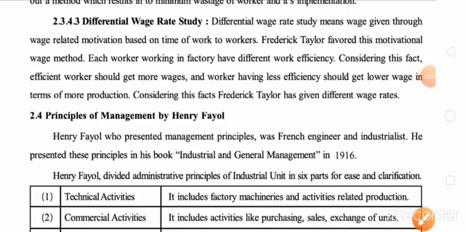Considering this fact, efficient workers should get more wages and workers having less efficiency should get lower wages in terms of production. It means each worker has a different working capacity and efficiency.